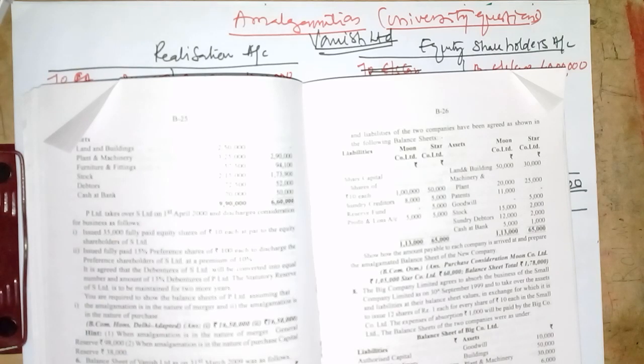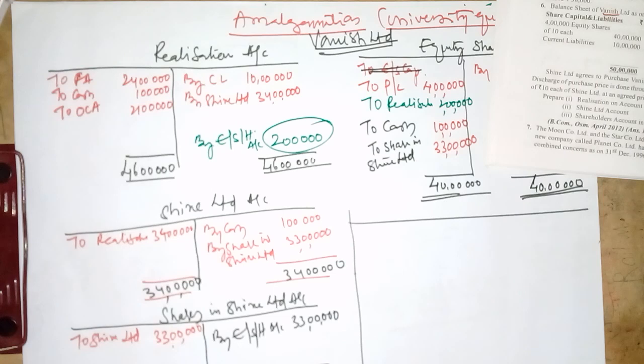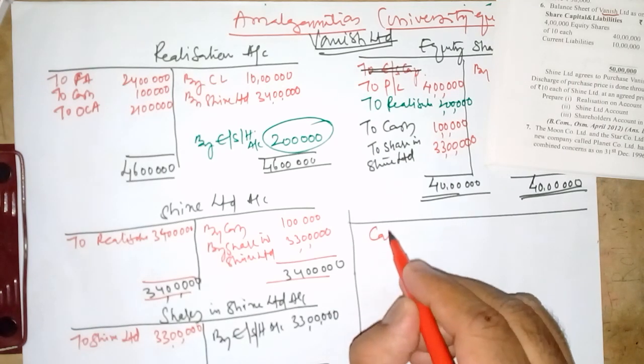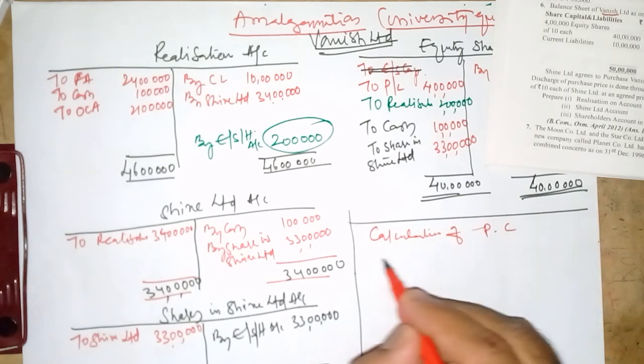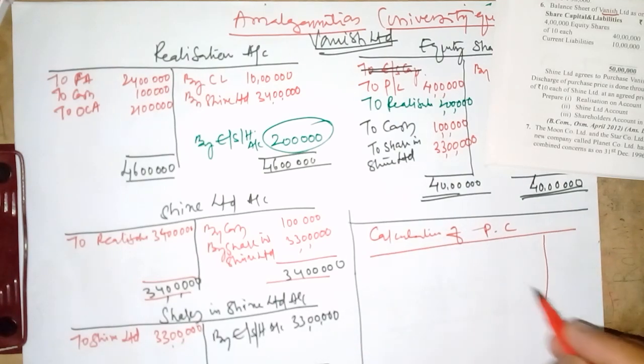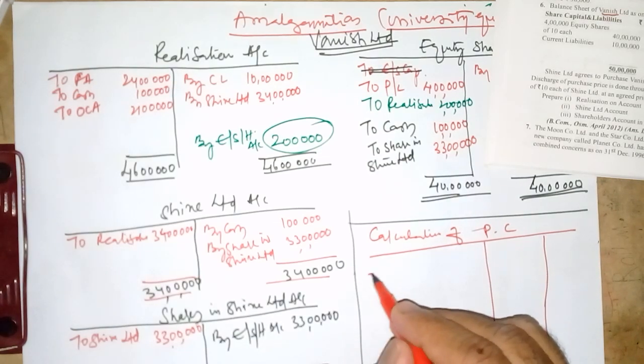Clear? So first what we need to do, we need to calculate PC. So calculation of purchase consideration, step 1. As the space is available here, I will write calculation of PC. PC stands for purchase consideration. So the question arises, which method of PC is it? It is the net assets method.